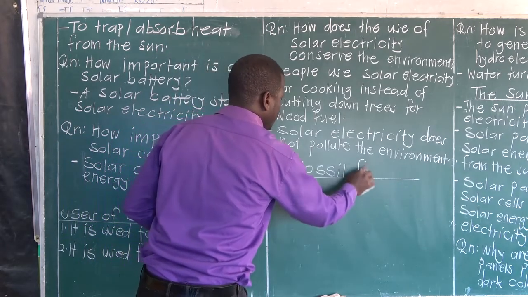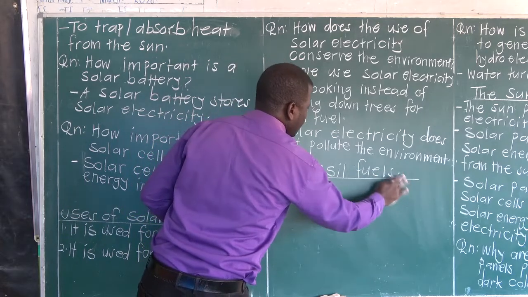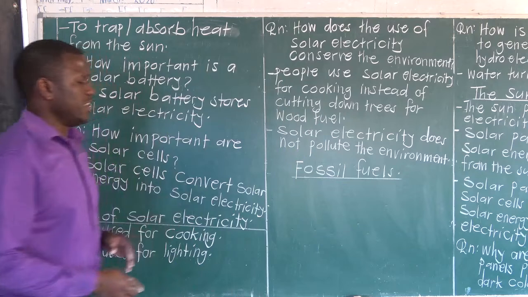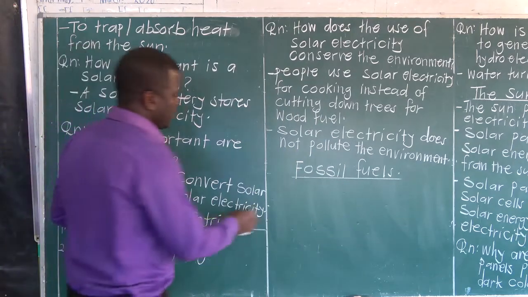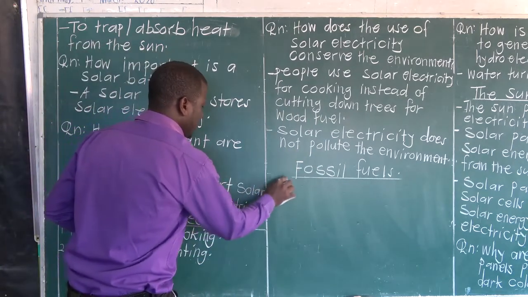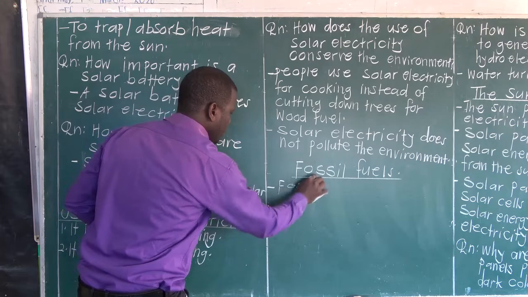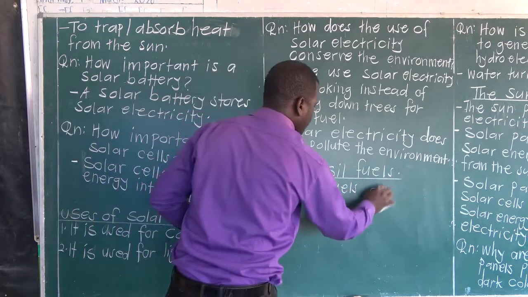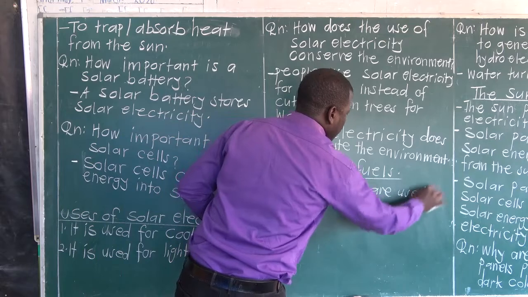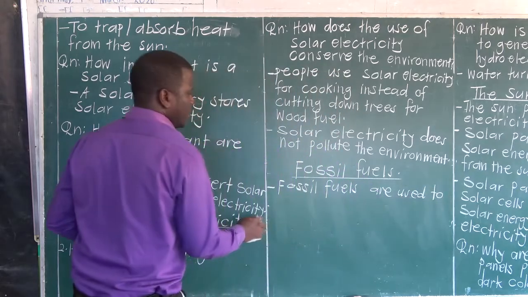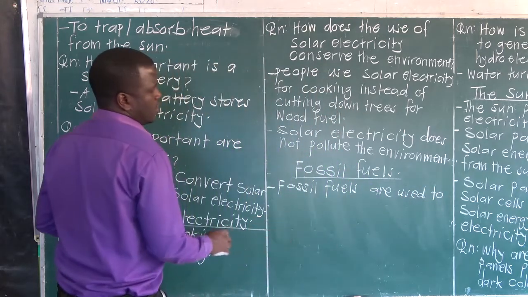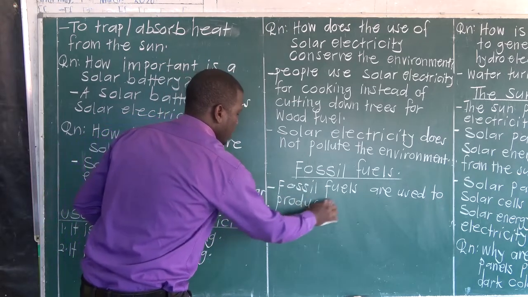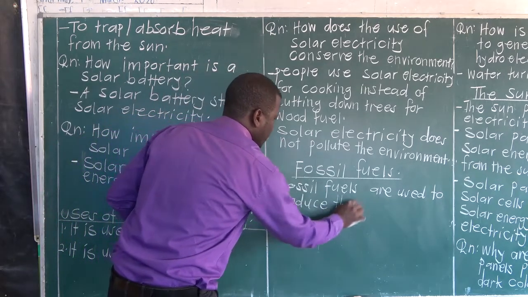And we gave examples of fossil fuels. We have only 3 examples, but before we give the examples, you can say fossil fuels are used to generate, or are used to produce thermal electricity.